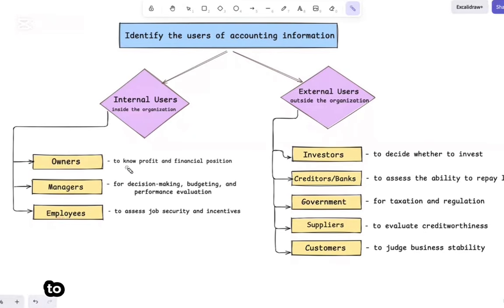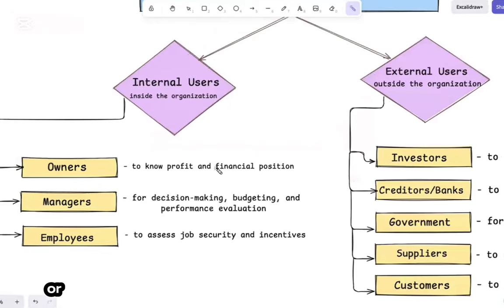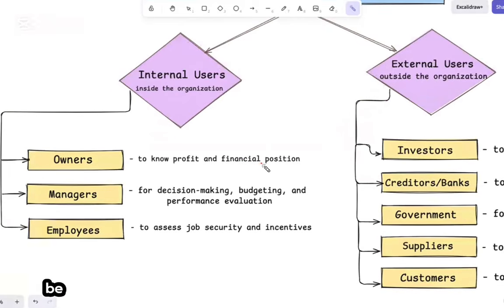Owners want to know the profit and be aware of the financial position of the company, and managers use it for decision making, budgeting, and performance evaluation.